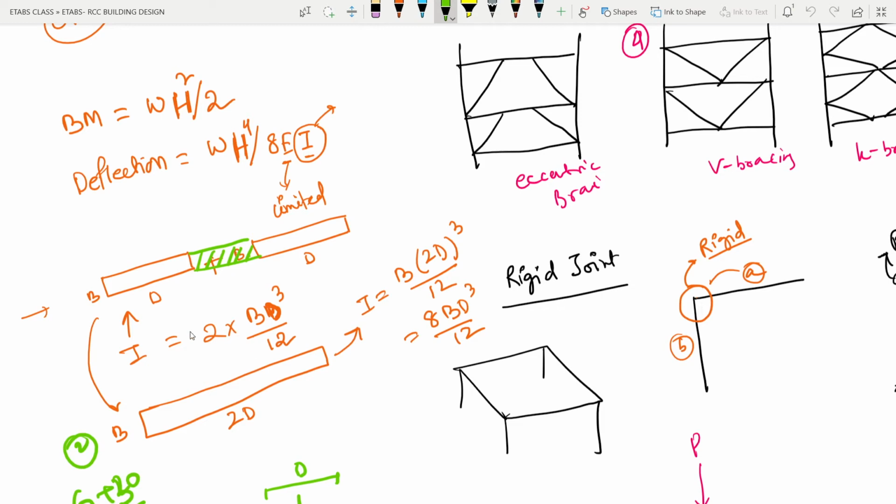So we can join these two shear walls with a very strong beam, so that it makes these two shear walls almost one system, to provide more moment of resistance to the force.